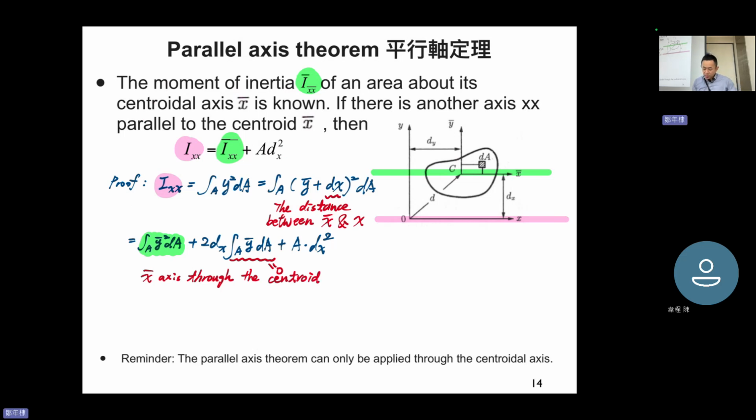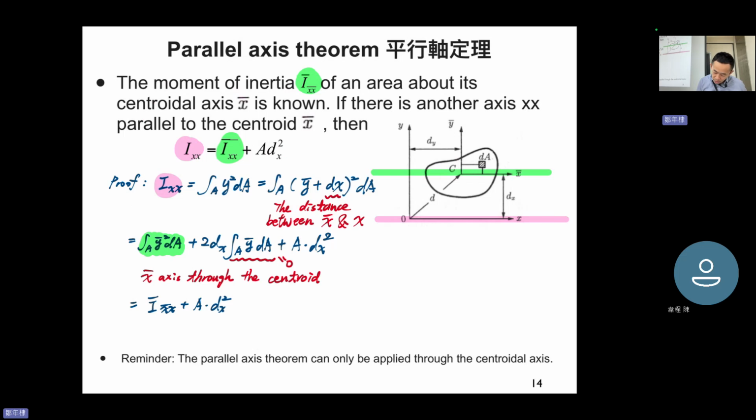We just said if the x bar goes through the centroid, its area integration for y bar will be equal to 0. So it tells us I bar xx plus A times dx squared.